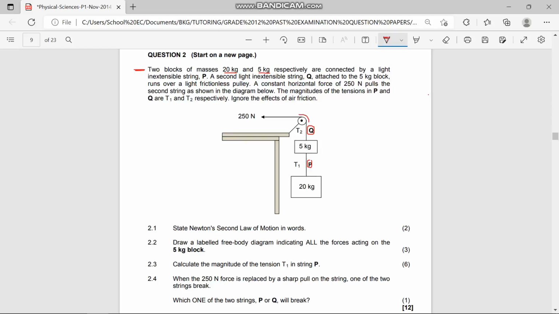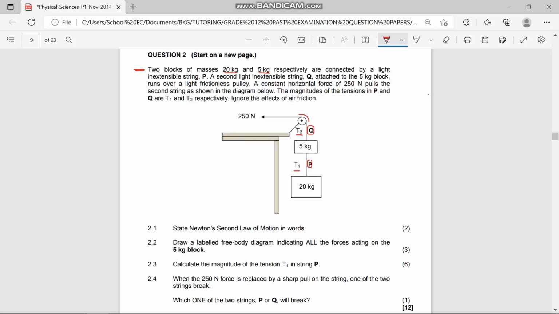A constant horizontal force of 250 newtons pulls the second string, as shown in the diagram below. The magnitudes of the tension in P and Q are T1 and T2, as I already explained. The tension acting on string Q is T2, and the tension acting on string P is T1.